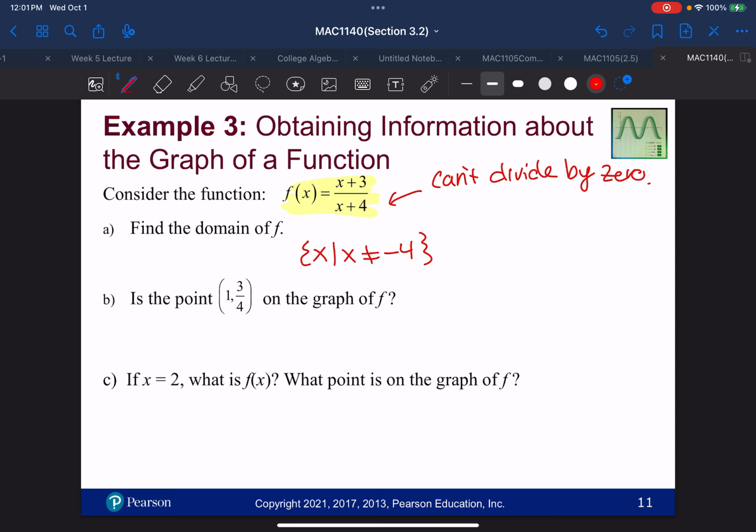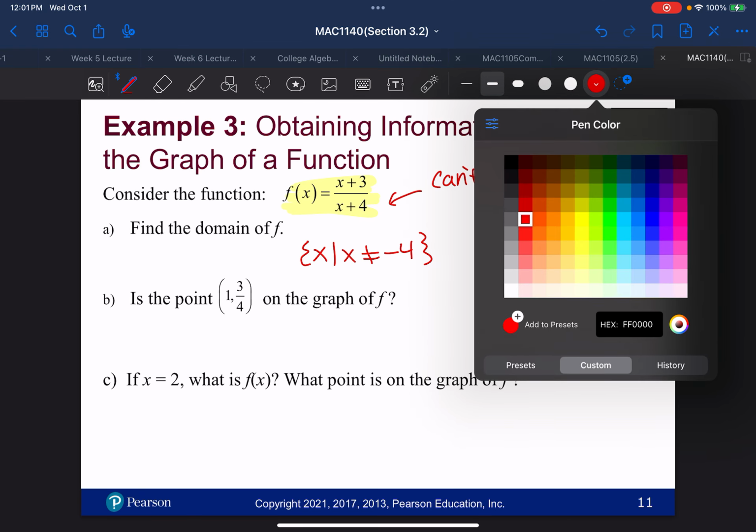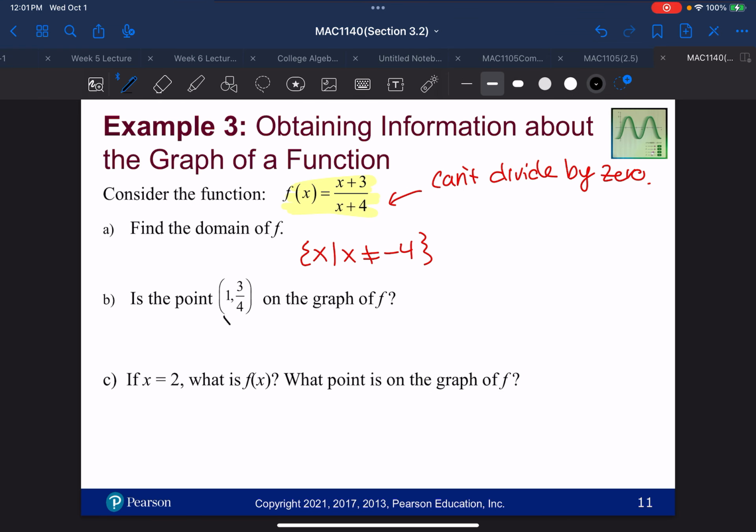B says, is the point (1, 3/4) on the graph of f? So to determine this, we're going to plug this in to our function. So 3/4 is y, so f of x is y, so this would be 3/4 is equal to (1 + 3) over (1 + 4).